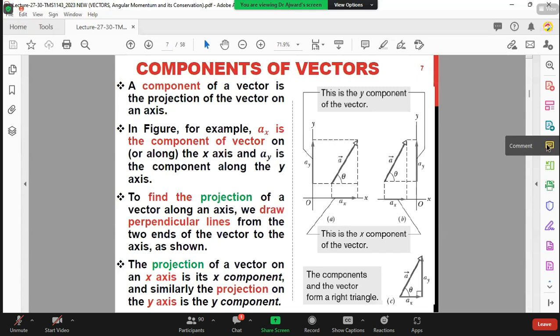So here we have the vector A again. Here we put it on the XY coordinate system, the Cartesian two-dimensional coordinate system.